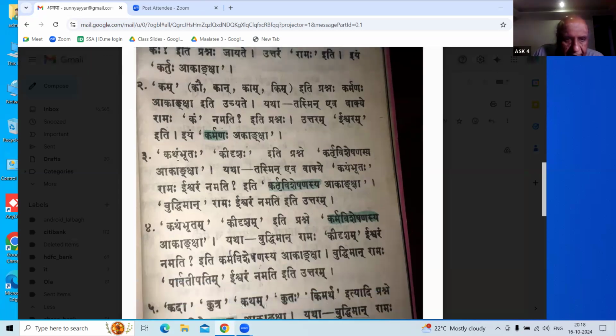Okay, next. The third one is katam bhutaha kidrishaha iti prashne kartru visheshanasya akanksha. In a sentence, when we have the subject, object and predicate, that is subject, object and verb, please keep this fundamental in your head. These three are very important. Any sentence should have these three fundamental aspects: subject, object and predicate.